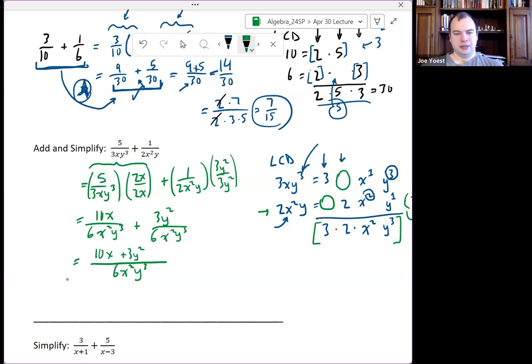My numerator, 10x plus 3y squared, is a binomial, but there are no common factors. There are no numerical common factors. 10 is 5 times 2, 3 is just 3, no common factors there. And then the x against the y squared in the two terms, no common factors there either. So this would be about the best we could do.